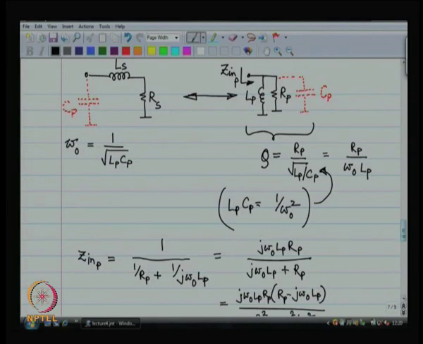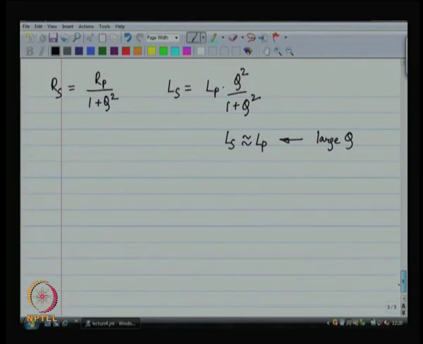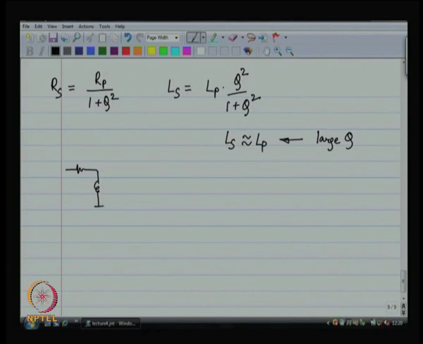And, just by the way, what is the Q of the series RLC network now? So, if I have R L in series, there is also probably a C in series with that. I do not care about that. We are transforming R and L into a parallel combination.